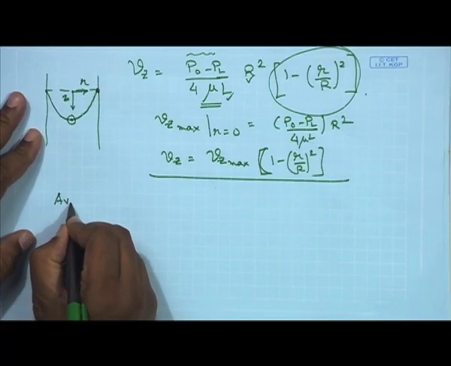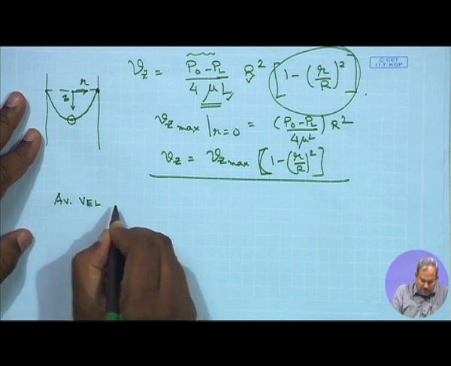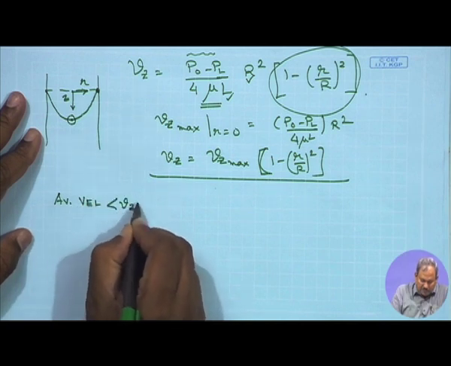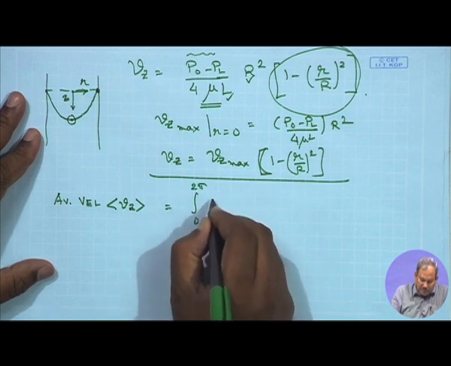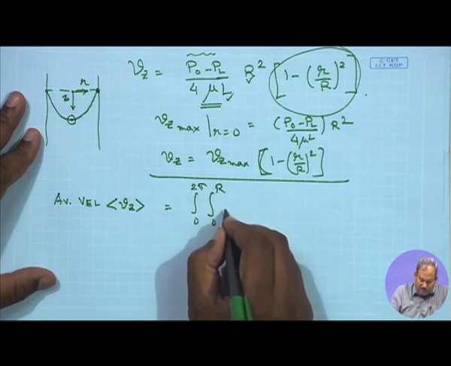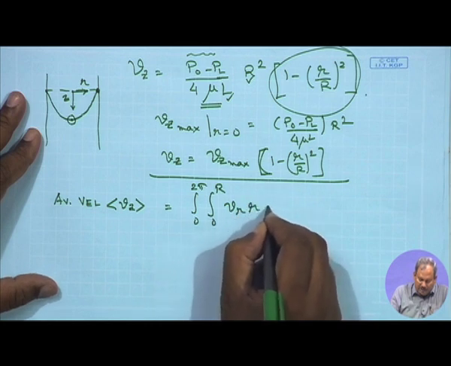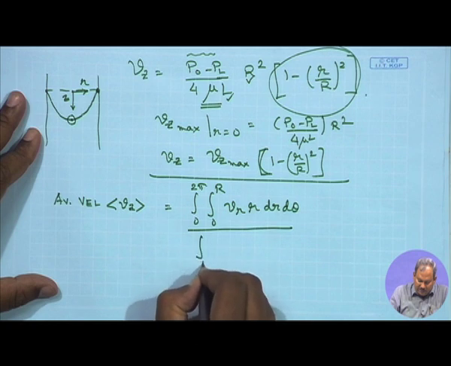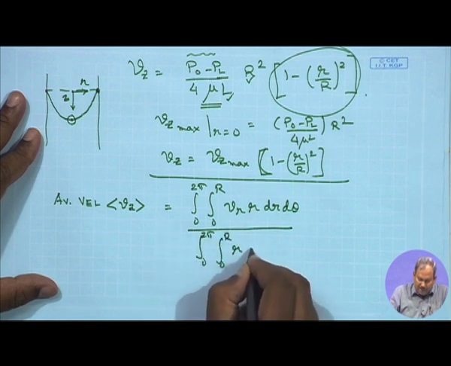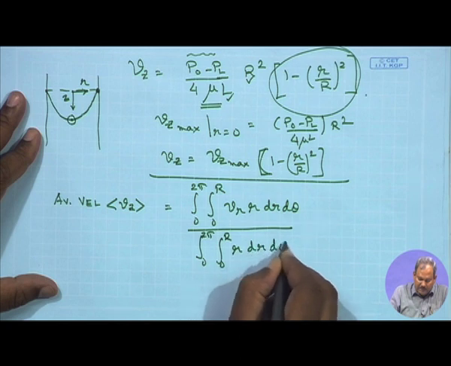So, the average velocity, which is denoted by this sign, is simply equal to the integral from 0 to 2 pi and 0 to r of Vz r dr d theta, divided by the area, which is the integral from 0 to 2 pi and 0 to r of r dr d theta.